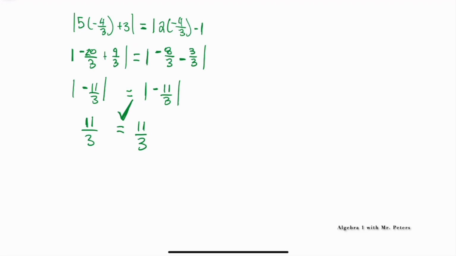Now we're going to go over to the second choice, and we're going to check to see if this is extraneous. So 5 times the other x, which is -2/7, plus 3, is equal to the absolute value of 2 times x, -2/7, minus 1. So again, we're going to solve everything inside the absolute value brackets, then take it off when we have our final answer. So we have the absolute value of -10/7 plus 3.